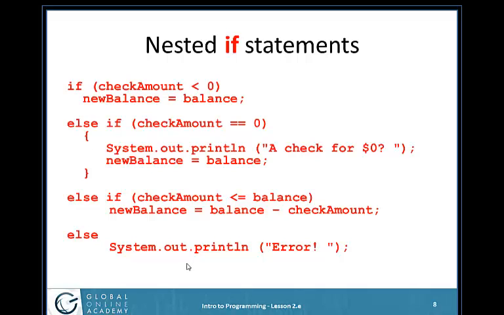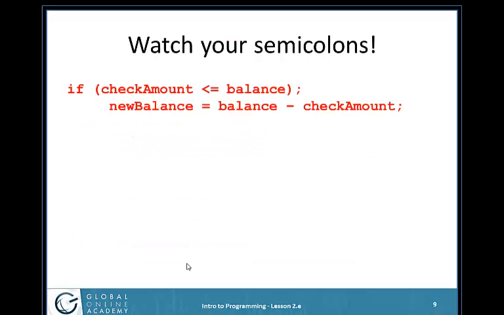Now, remember we talked about semicolons before. This is what can happen if you forget that you don't want a semicolon at the end of the word if, parenthesis, condition, parenthesis. If I write this, Eclipse isn't going to complain. Java is going to execute this just fine. But what's going to happen?